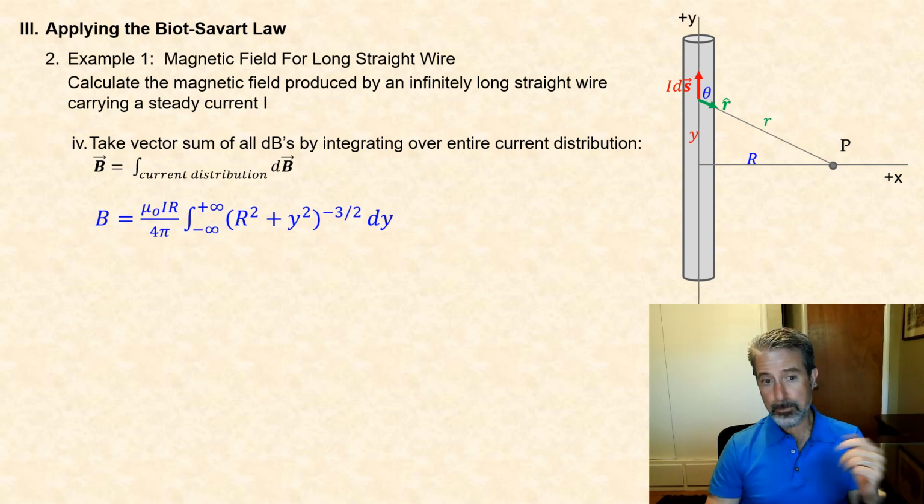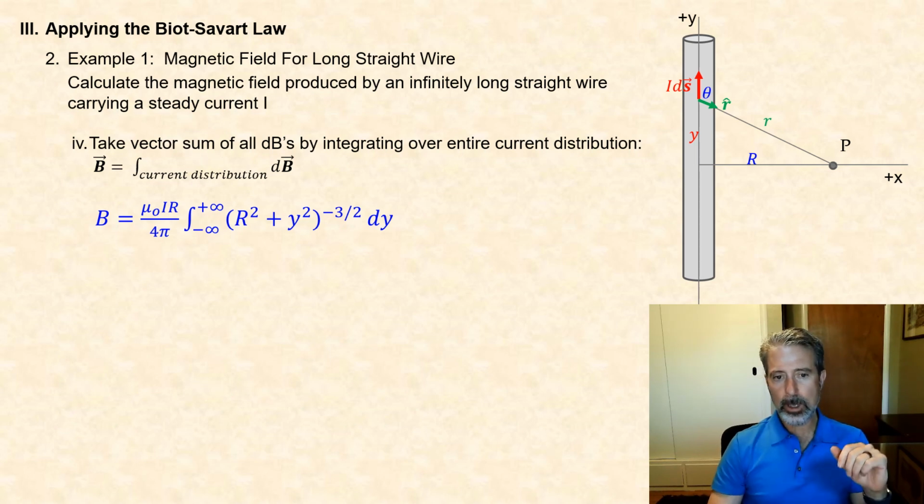Here is what we're left with. We can take all the constants outside of the integral, and we're left with the integral of R squared plus y squared to the negative 3/2 power times dy. If this is an infinitely long wire, then we will assume that our current distribution in the y direction goes from negative infinity to positive infinity.